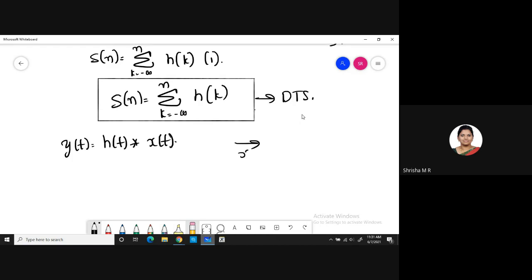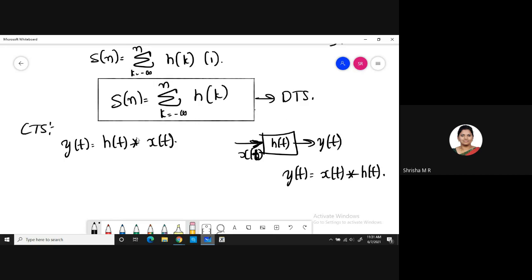If you give x of t as input to an LTI system having impulse response h of t, then y of t is the convolution of x of t with h of t. Using the commutative law, I can also write it as h of t convolved with x of t, as I have written here. Okay, this is for continuous time signals.